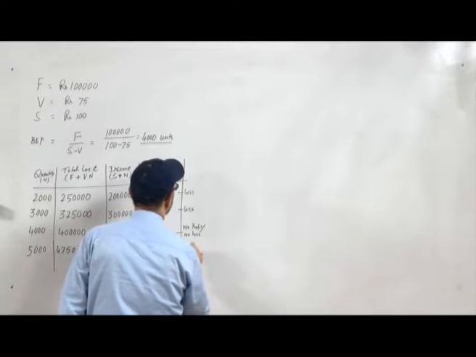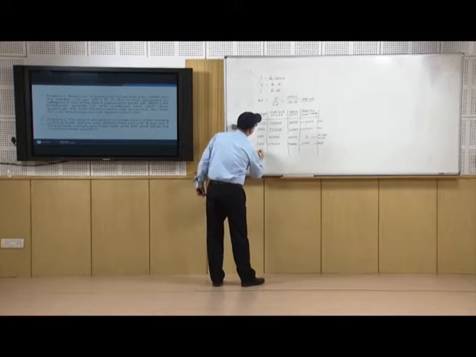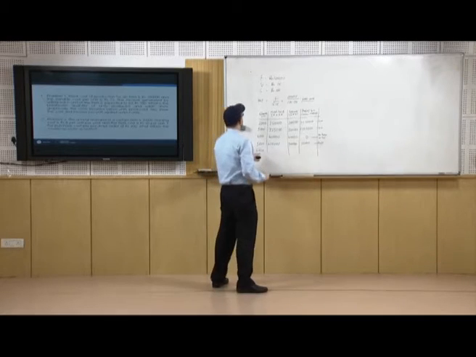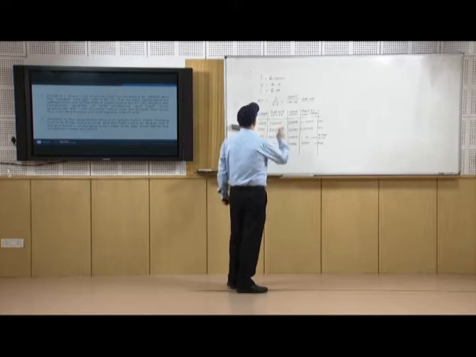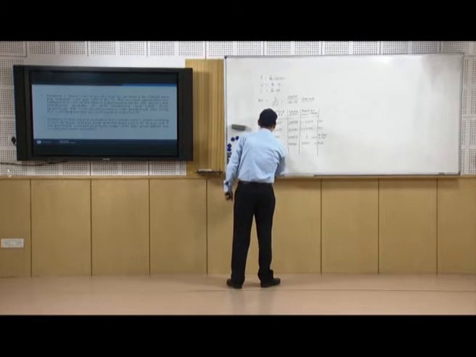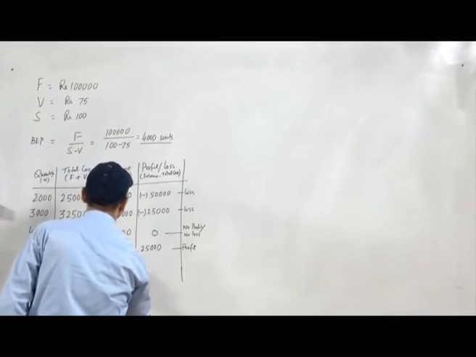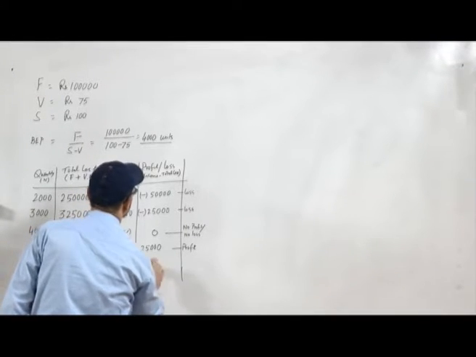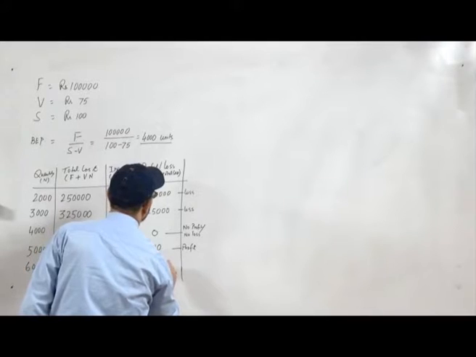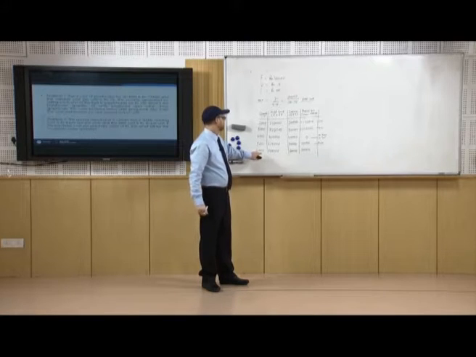So, it is now profit. Further, if you go to 6,000, we expect that once we move from here onwards, our profit will go on increasing. For example for 6,000, 1 lakh plus 6,000 multiplied by 75, it will be 5,50,000 and income is 6 lakhs. So, profit is 50,000.